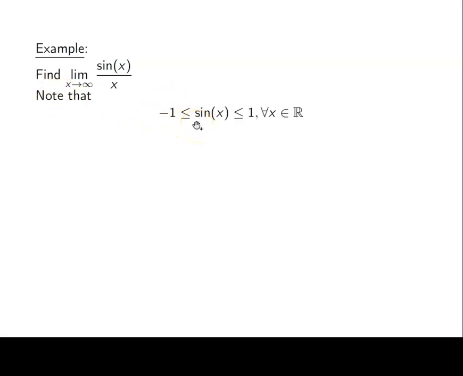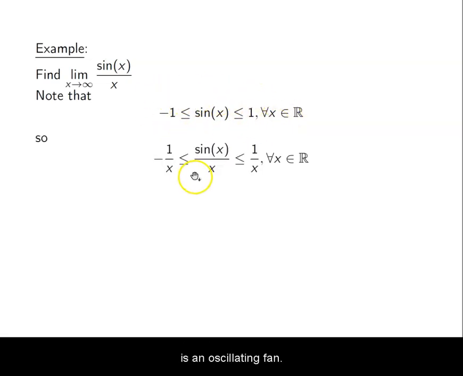So what we're going to do here, though, instead of just looking at how this dominates, is use the squeeze theorem. I know that sine stays in between -1 and 1. As I said before, it's an oscillating function. So if I divide everything by x, well, what is the limit of 1 over x?